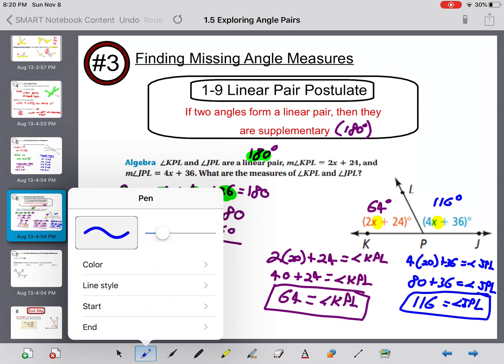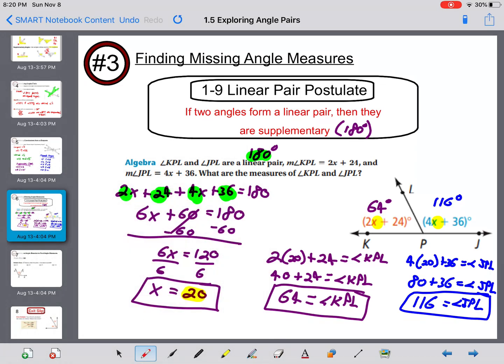And we know that this is correct because they equal 180 degrees. 116 plus 64 equals 180.